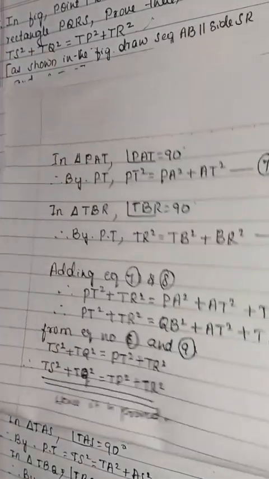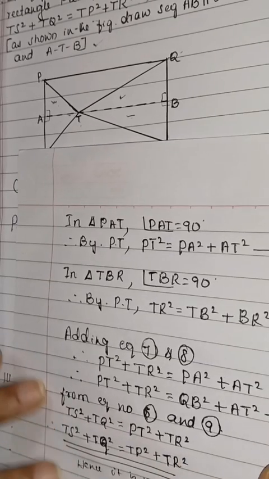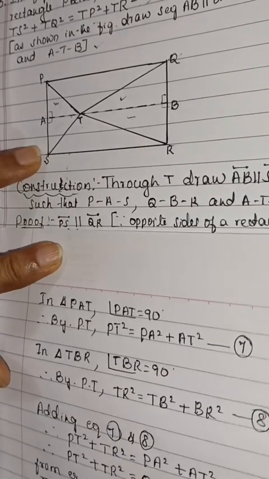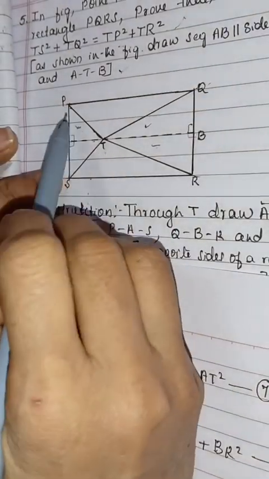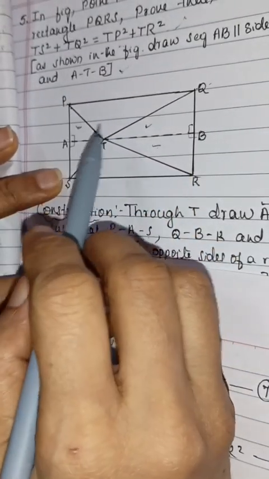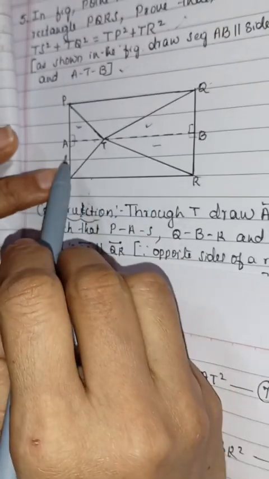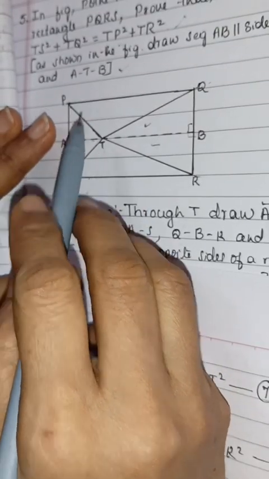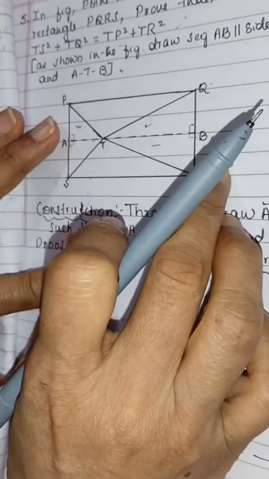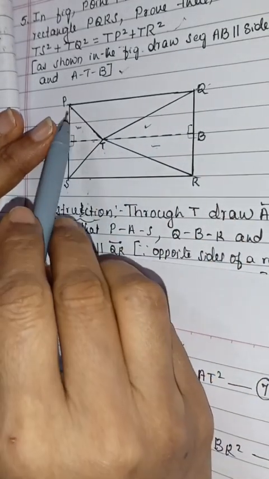So, this thing you have to write and learn. It's very easy once you understand. It's like this rectangle construction. You can write on your own also, because this is a rectangle.